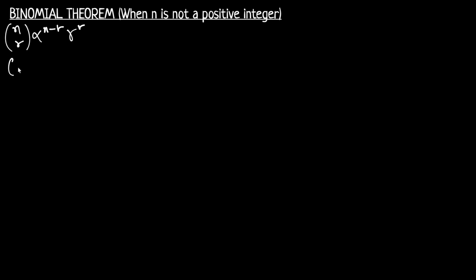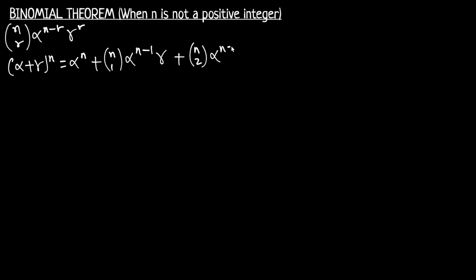And we can write an expansion of alpha plus gamma raised to the power of n using this, because the first term is going to be alpha to the power of n, plus n combination 1 alpha to the power of n minus 1 gamma to the power of 1, plus n combination 2 alpha to the power of n minus 2 gamma to the power of 2, plus n combination 3 alpha to the power of n minus 3 gamma to the power of 3, and it goes on and on.